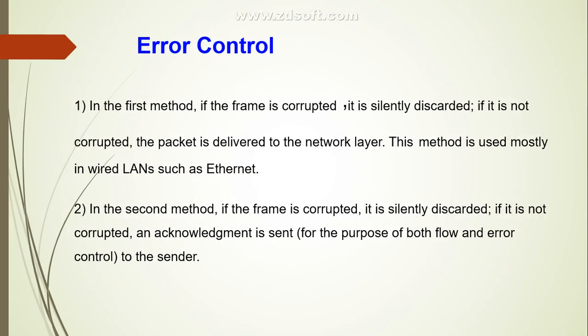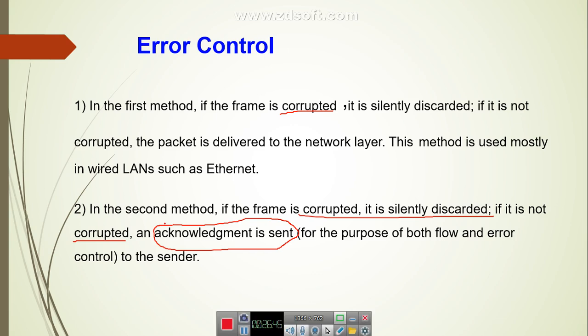And one more thing, guys. Basically, we are going to combine flow control and error control. In a simple situation, the acknowledgement that is sent for flow control can also be used for error control, to tell the sender that the packet has arrived uncorrupted.